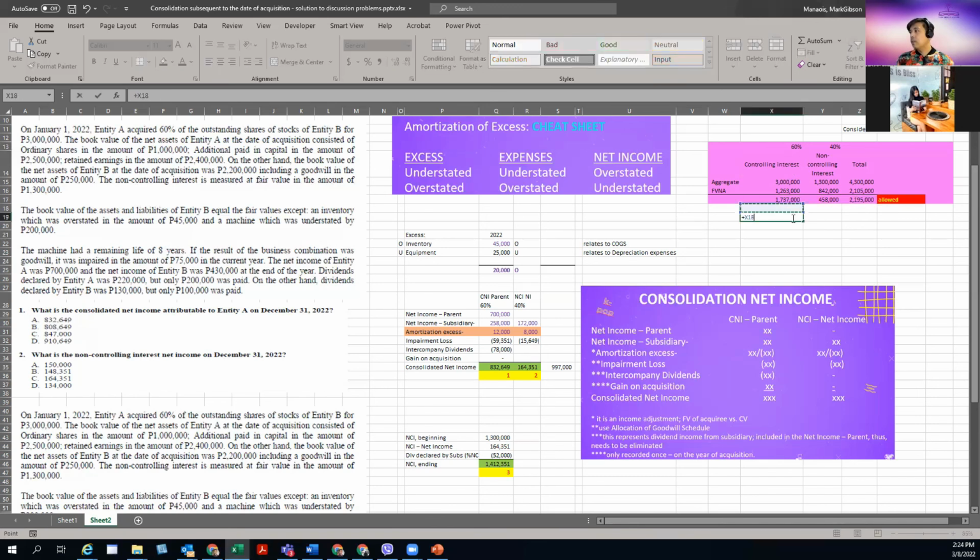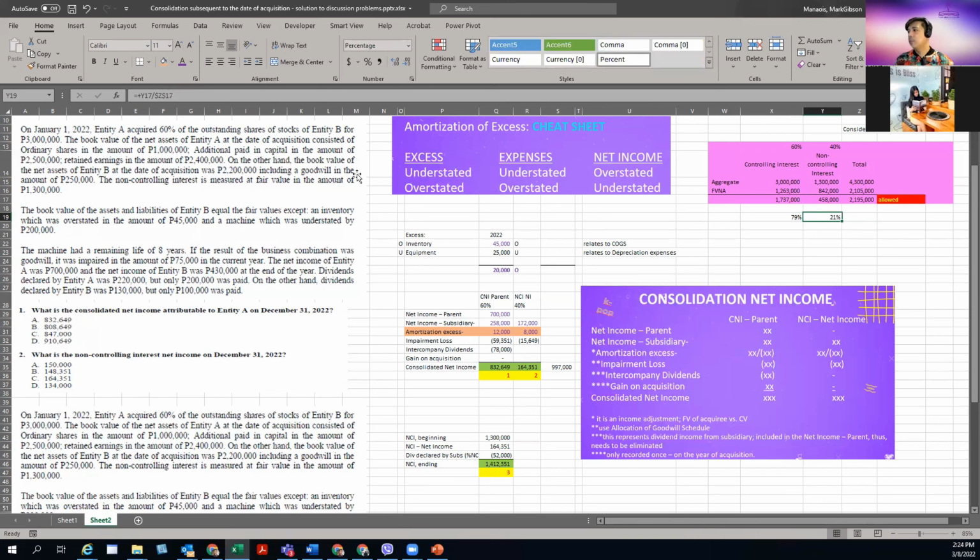So it's 79% and 21%. So 79% punta kay controlling. So 75,000 multiplied by 79%. So that's 59,351 minus. And then 15,649, no? For the non-controlling interest. So okay na tayo doon.